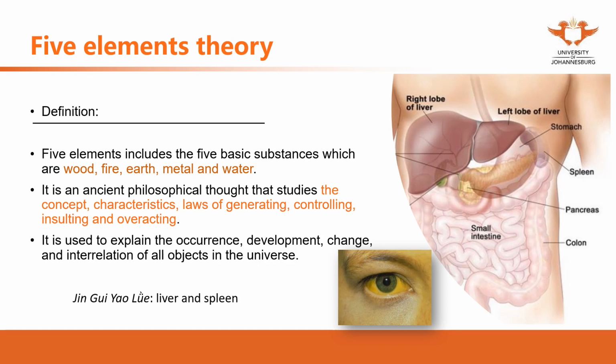Same as here, we learn from different substances in the world, in nature, such as wood, fire, earth, metal, and water. And then we study the characters of these phenomena, or the characters of these systems. We put them in groups.